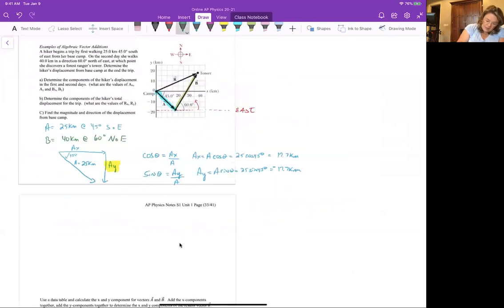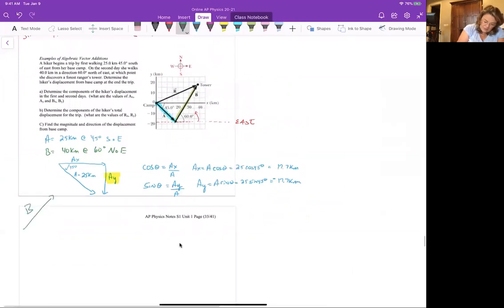So for b, I have this vector b, and I have a projection on the x-axis and a projection on the y-axis. So here's where graphically actually makes sense. We have to know how to draw these graphically because it helps us determine positives and negatives.